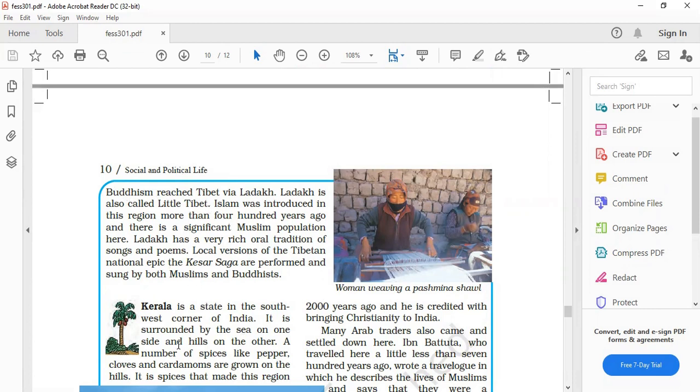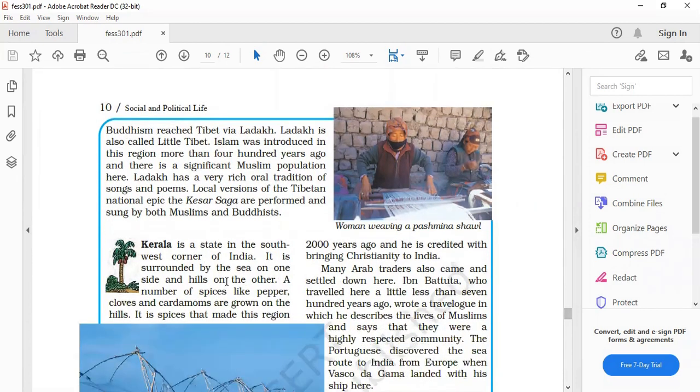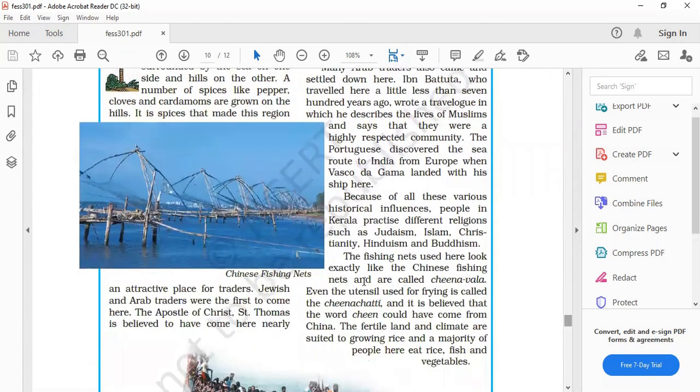Okay, then comes Kerala. Again, the location of Kerala is very important. It is the southwest corner of India, surrounded by the sea on one side and hills on the other. So the location of Kerala is very important. Secondly, it is good for spices, it's for MCQ. And again, here you will get: underline the words, why is this region an attractive place for traders?